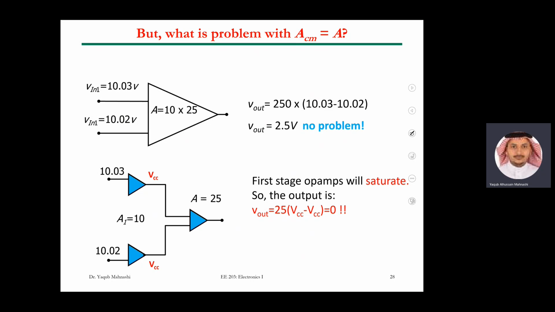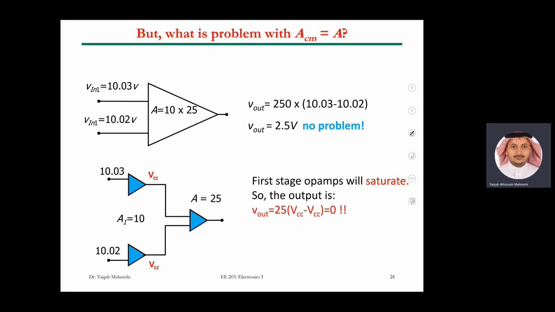Either you do it this way, the one from before, where you have a voltage amplifier with 2 stages. The first stage gives you 10 and the second stage gives you 25. This is 10 and this one 25. So you are multiplying 10 by 25. That makes sense? Your total is what? 250.